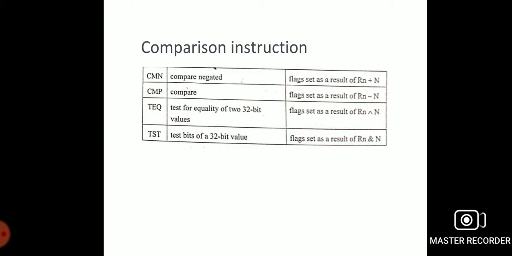So the flag is set as a result of Rn plus N. And the compare, CMP, is a flag set as a result of Rn minus N. And then the TEQ is a test for equality of two 32-bit values, so the flag is set as a result of Rn EOR N. Then the TST is a test bits of the 32-bit value, so the flag is set as a result of Rn AND N.